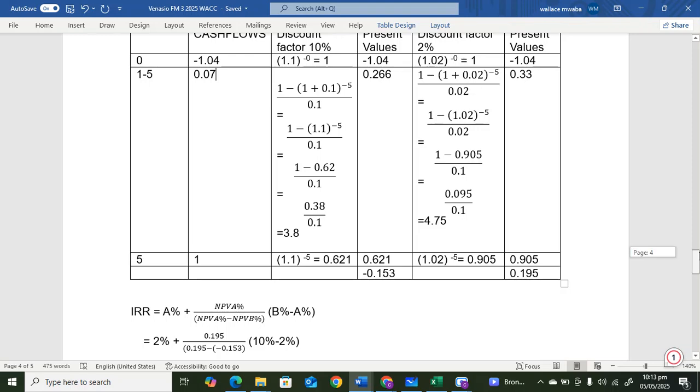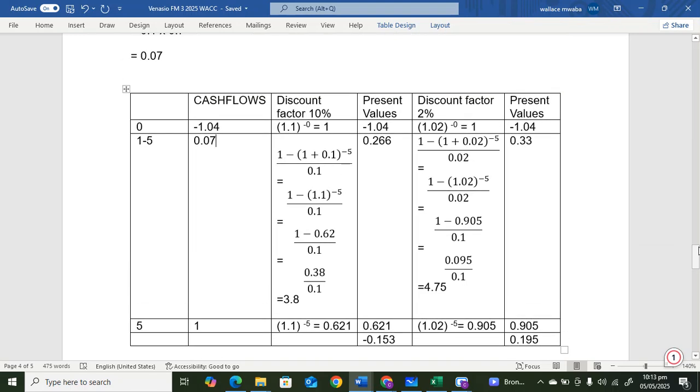Then, since this debenture matures in 5 years, in the 5th year, after you receive your final interest payment, you are also paid the par value, this 1 kwacha. That's how these debts operate.